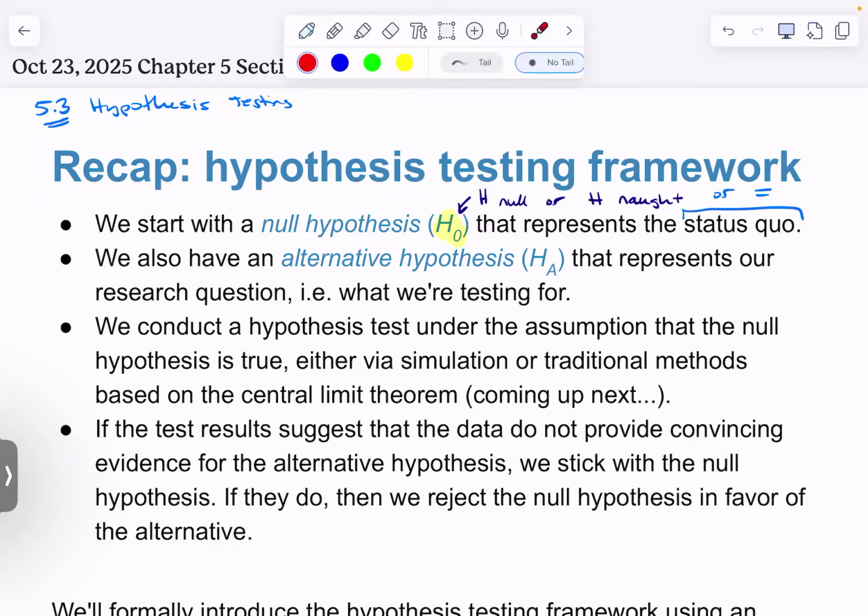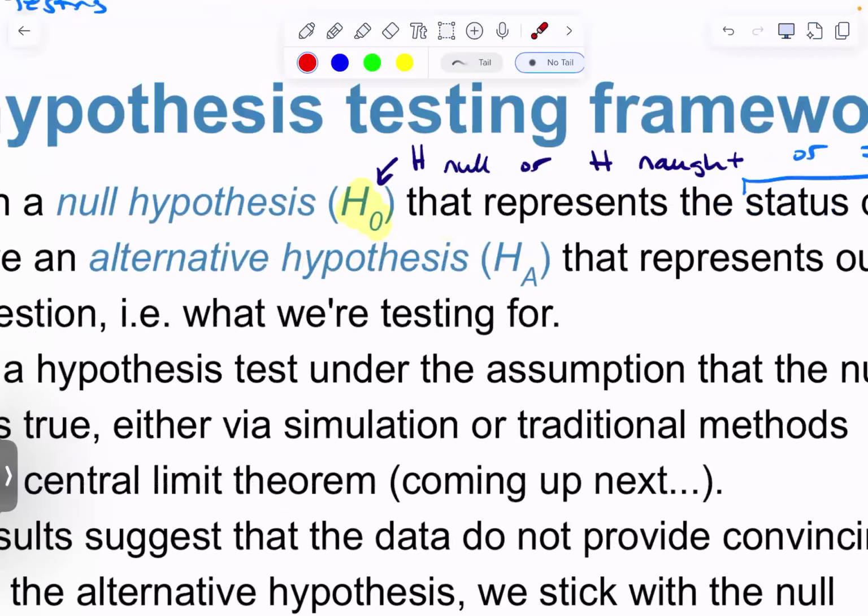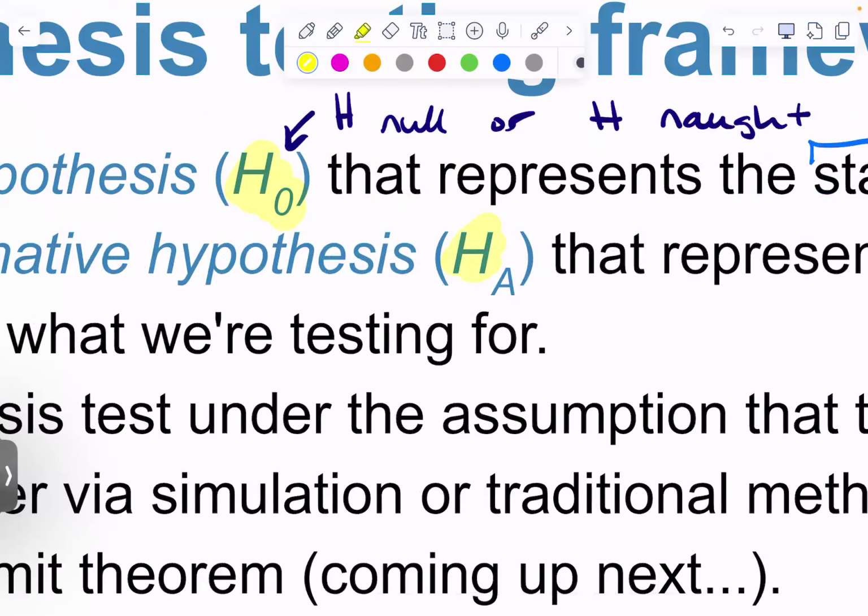We also have usually some hypothesis about what's actually going on. And usually how we denote that is through the alternative hypothesis, which we denote with an H subscript A for alternative.